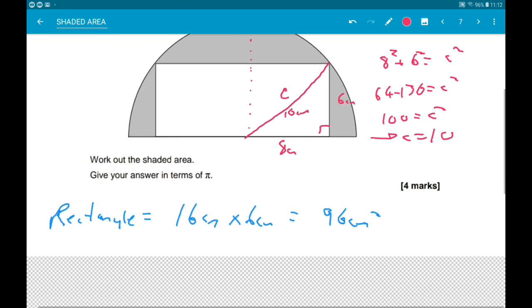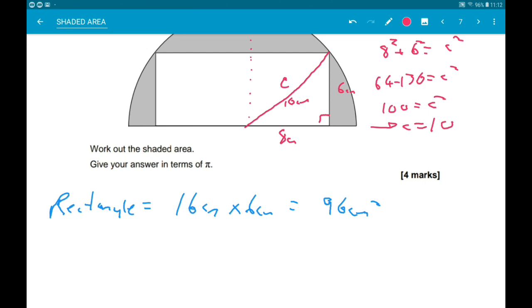So the semicircle is pi times 10 squared over 2. So that's 100 pi centimetres squared divided by 2, which is 50 pi centimetres squared.